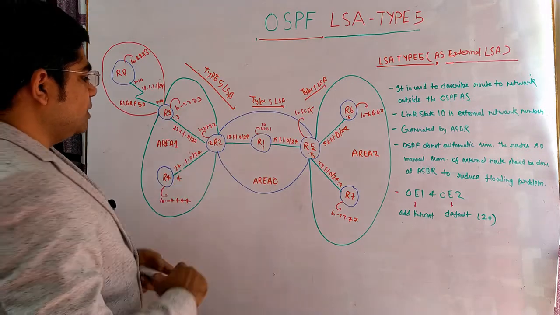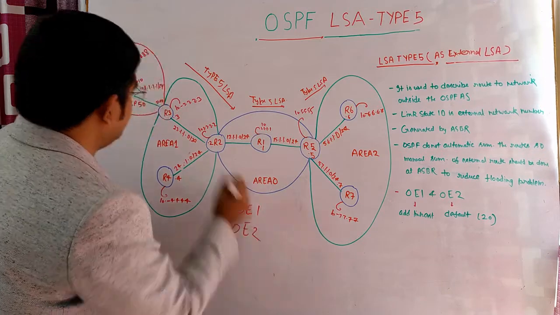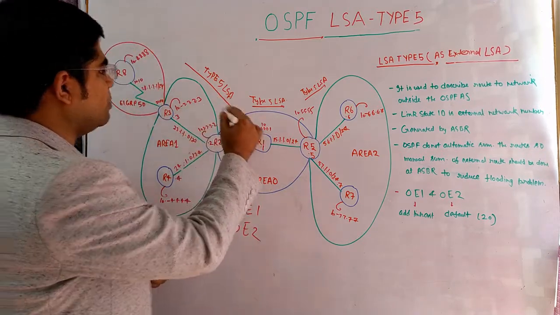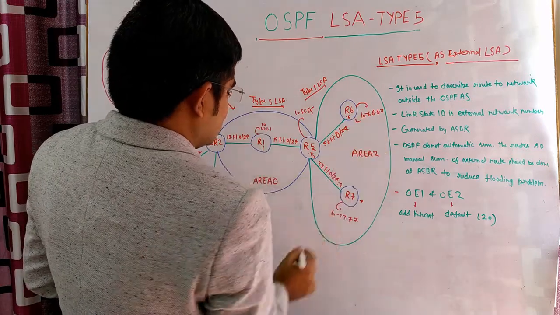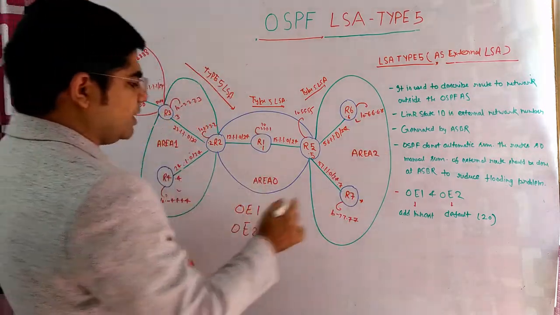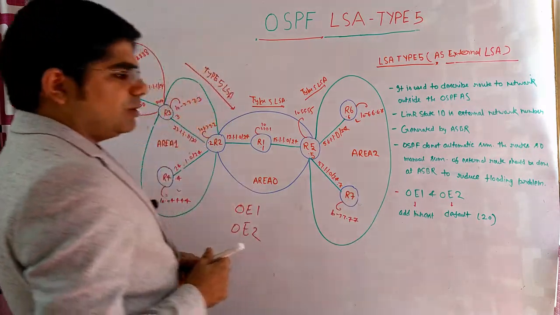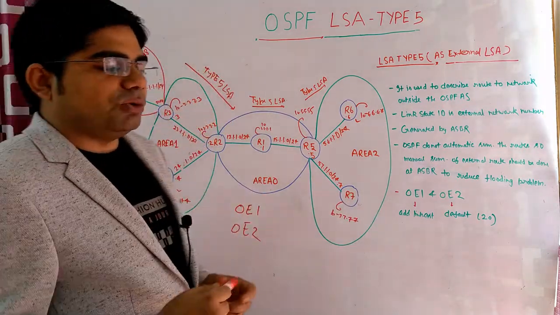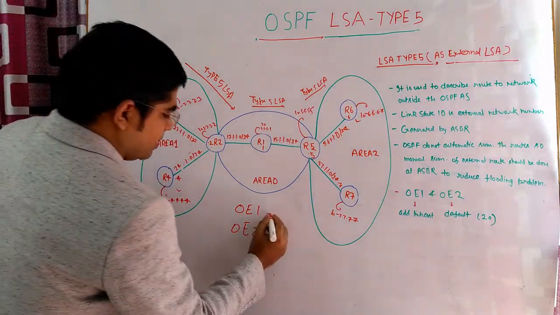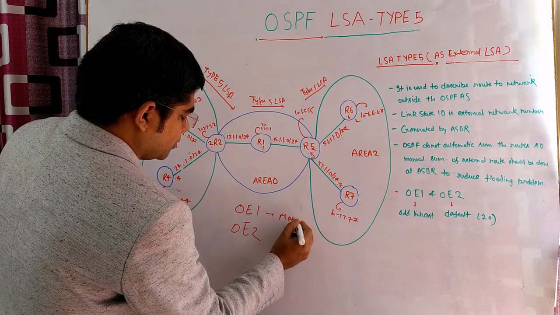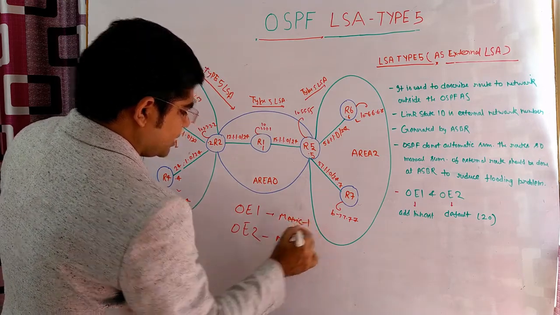One more concept is OE1 and OE2. When you advertise this route and it is flooded via LSA type 5 and reaches router 7, router 6 or router 4, what will happen? If you are not changing the default metric while redistributing, there are two things, the metric and the metric type.